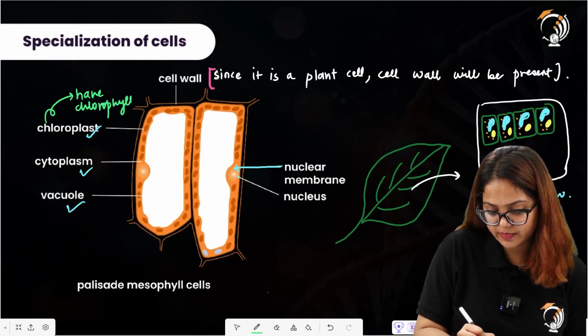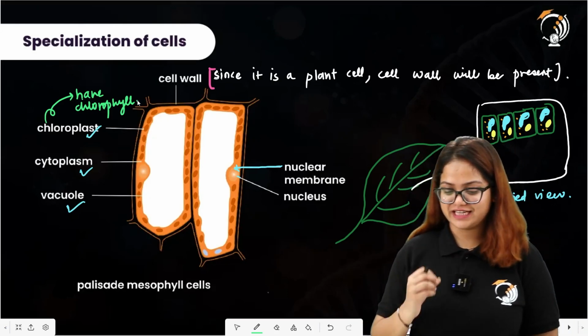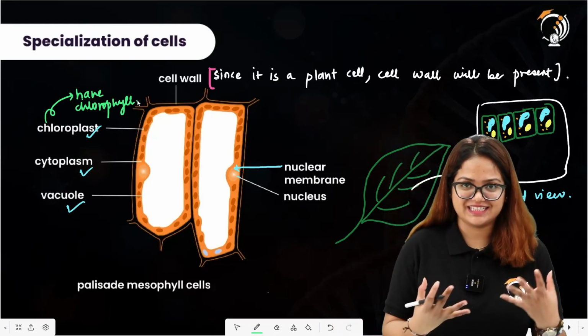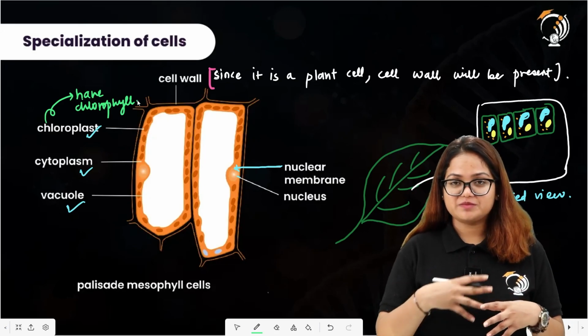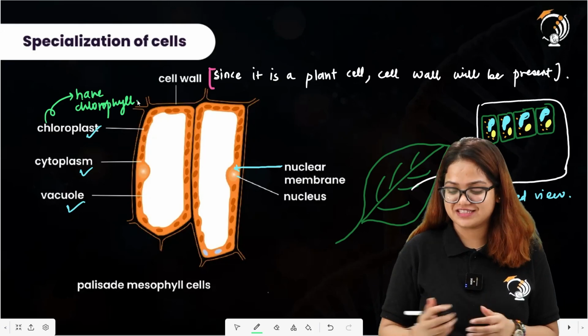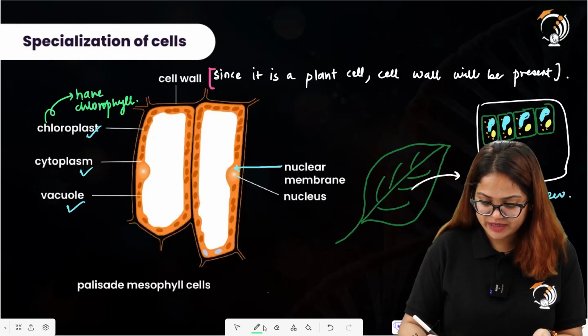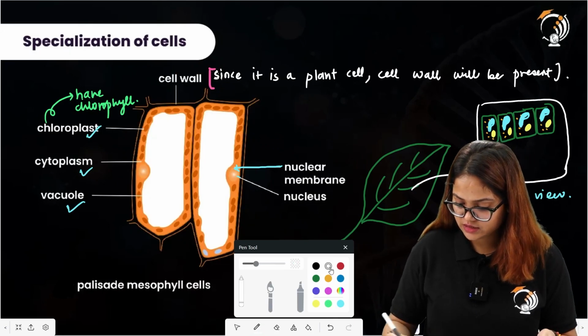So by the presence of chlorophyll, it will be able to photosynthesize. It is a specialized cell. Since it has become specialized to perform a special function, that is to carry out the process of photosynthesis. All right. So we can write the pointers for palisade mesophyll cells.